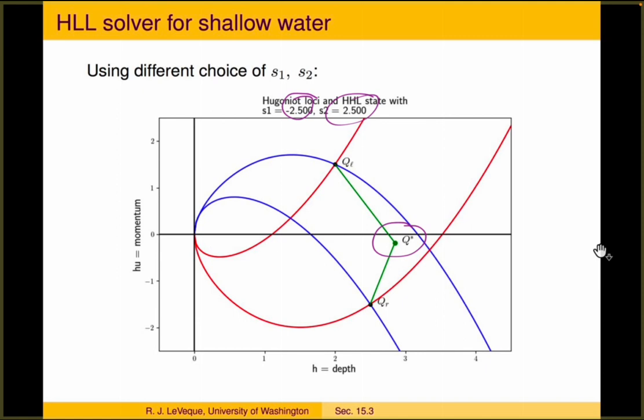And if you made this sort of range of estimates larger and larger, if I made S1 very negative and S2 very positive, then the Q star would tend to lie more and more at just sort of an average value somewhere in between QL and QR. You can show that the limit as S1 and S2 go off to plus and minus infinity is that we are just sort of averaging QL and QR for our intermediate state. So the closer you can get to approximating the correct shock speeds, the better it's going to look.